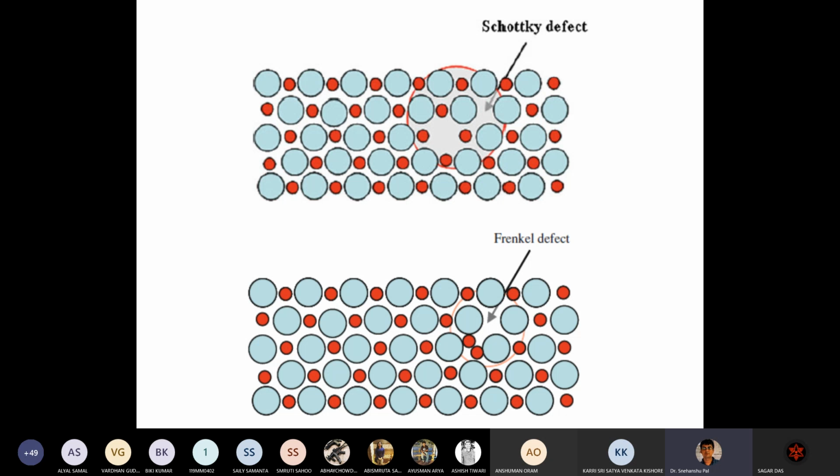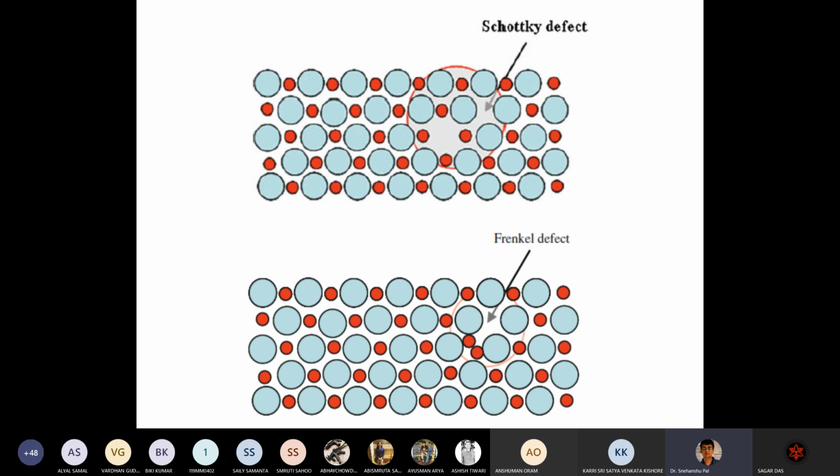We understood that intrinsic defects are those defects which are created by the displacement of own atoms in an impurity free crystal. Again, I am repeating, they are called intrinsic defects.